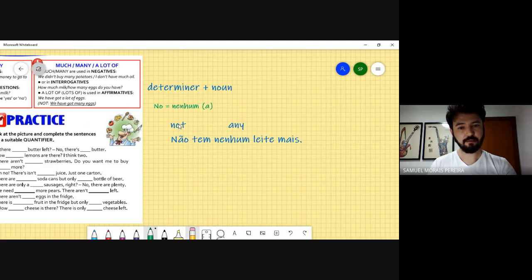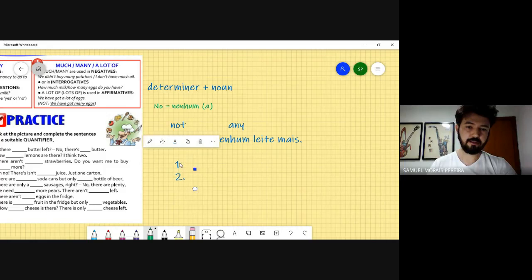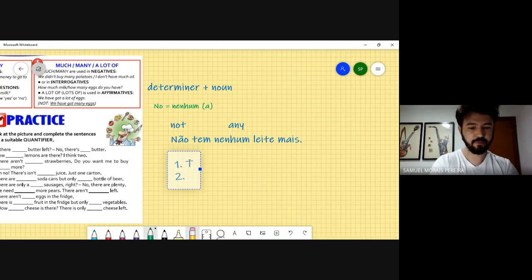But it's also possible to say no. So we can have two possible ways of translating the sentence here. Let's start with the basics. You can use any in a negative sentence. So you can say there's not, ou então there isn't any milk left.